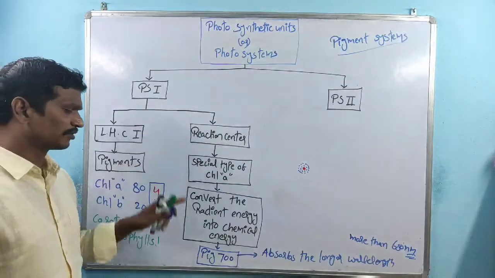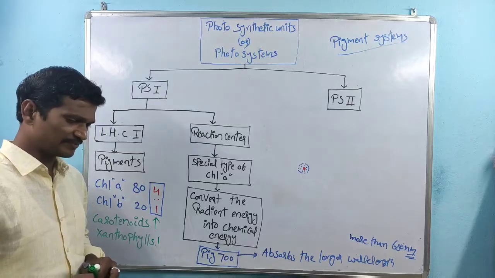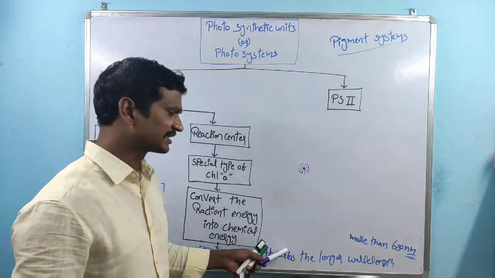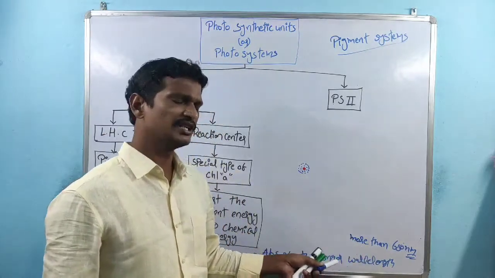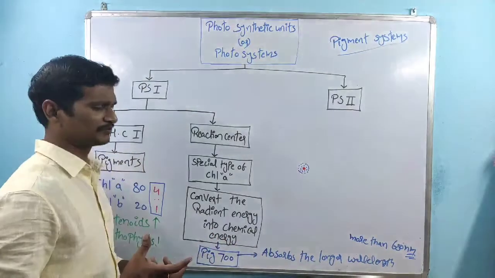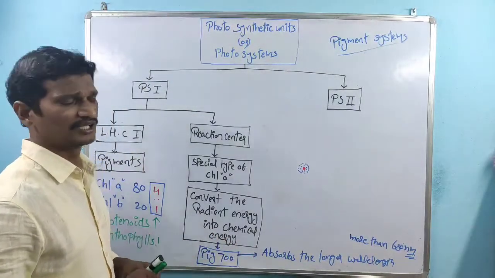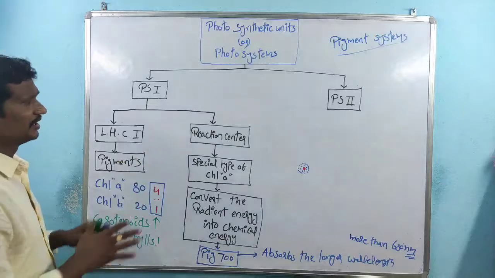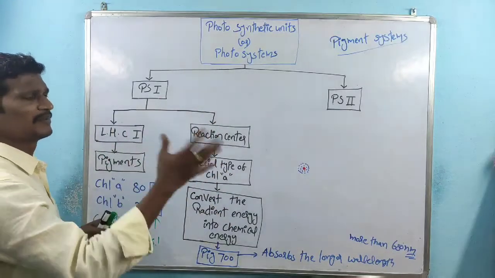So PS1 absorbs light energy with a wavelength more than 680 nanometers. This is about PS1.